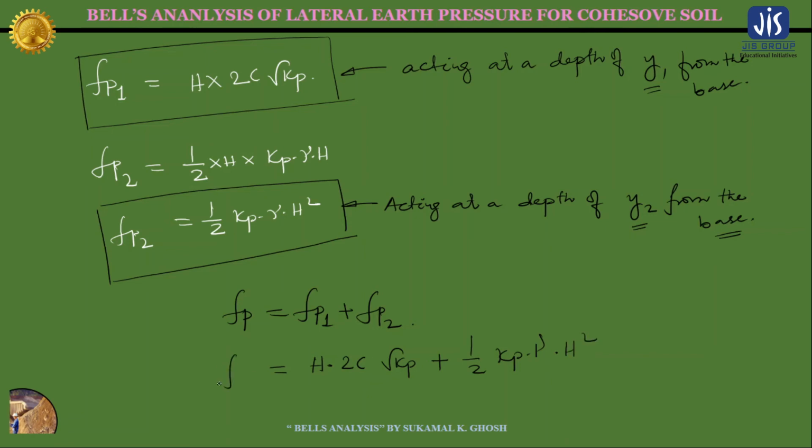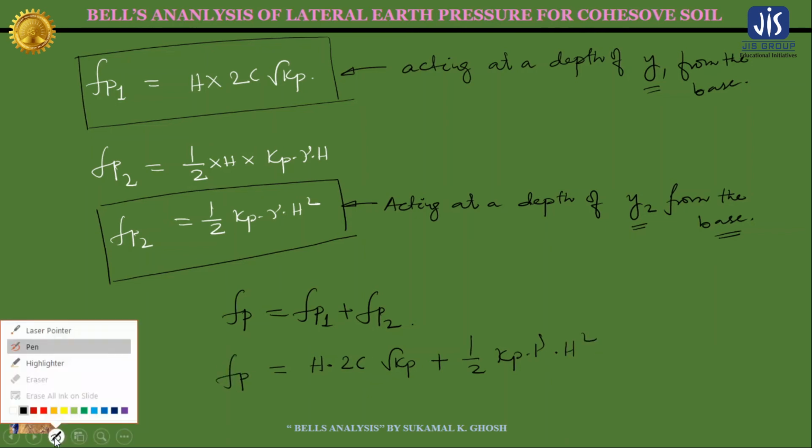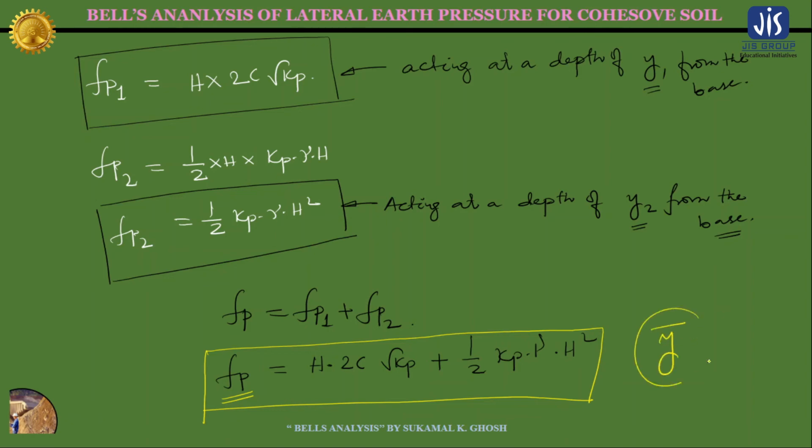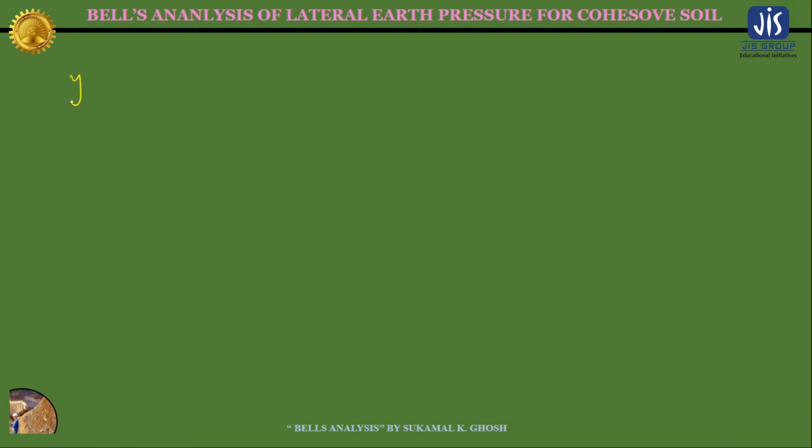Okay, so this is the total resultant passive earth pressure force. Okay, now at which depth is this total resultant passive earth pressure force acting? Suppose at a depth of y bar, this total resultant passive earth pressure force is acting. Okay, so at y bar depth the Fp is acting.